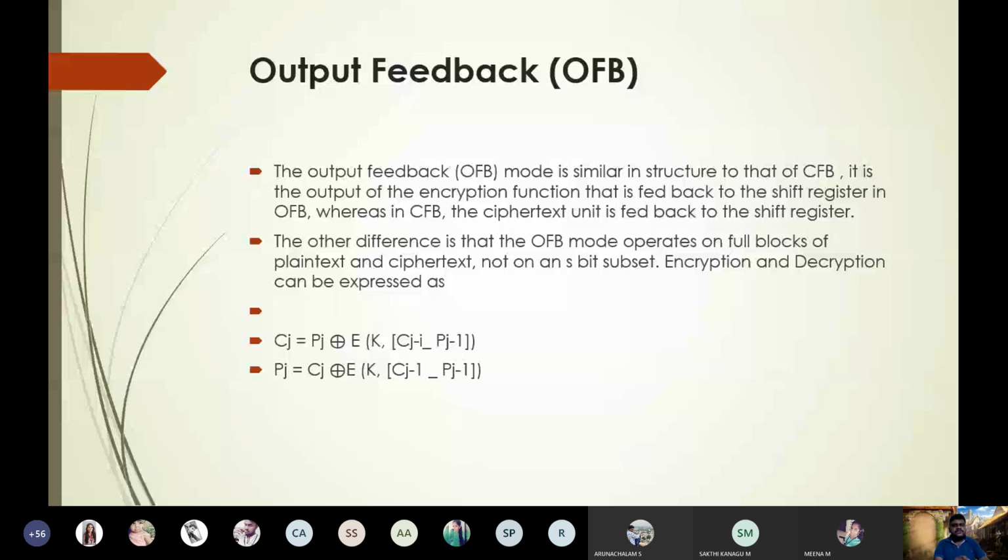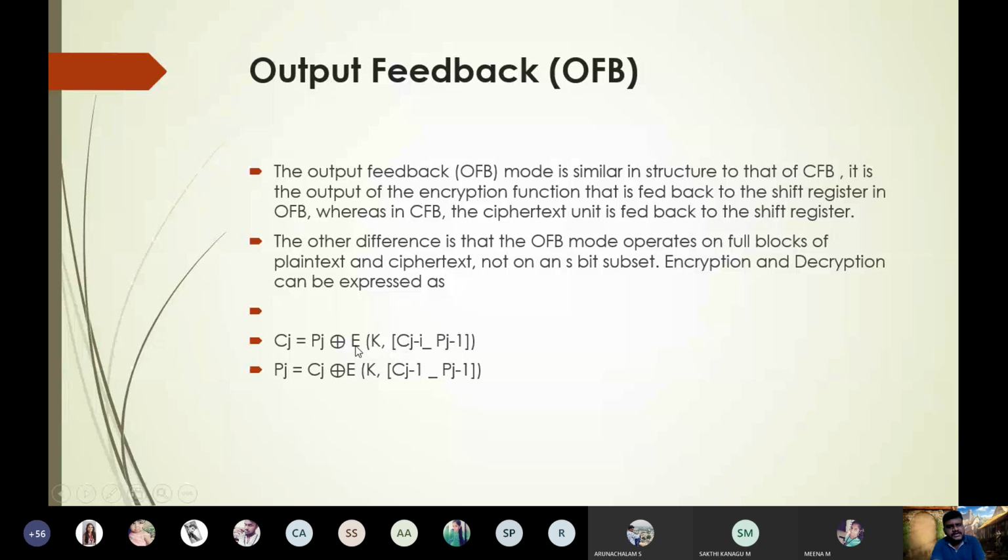That C0 will be encrypted again by using the key K. After encryption I get some value. This E represents the encryption of this Cj by using K. This is the meaning of this equation.